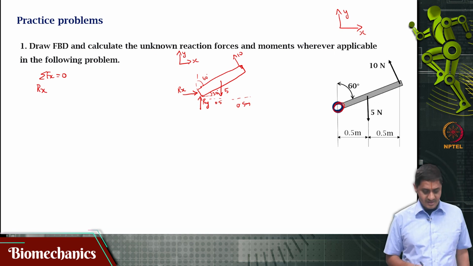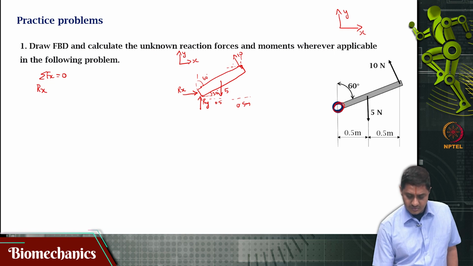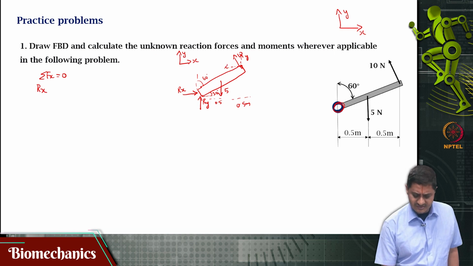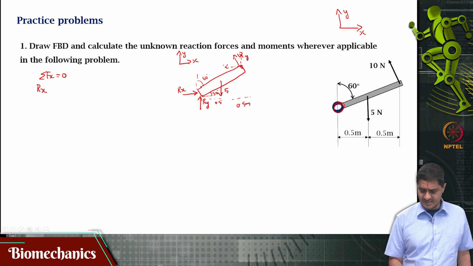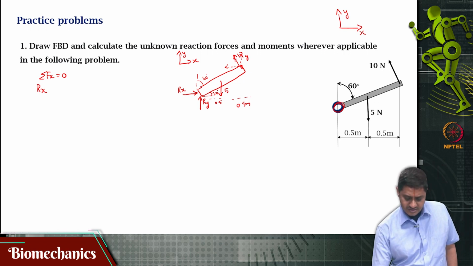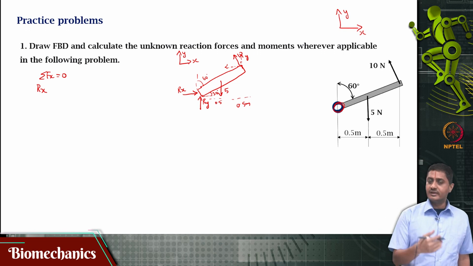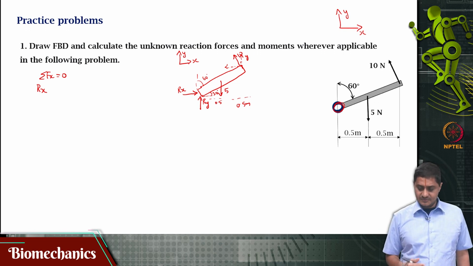The answer is yes, because this force I can resolve into two components, one in the y direction and one in the x direction. Actually, that will be a negative quantity in the x direction, because the 10 Newton force is inclined like this. Because of this reason, it will be along the negative x direction.